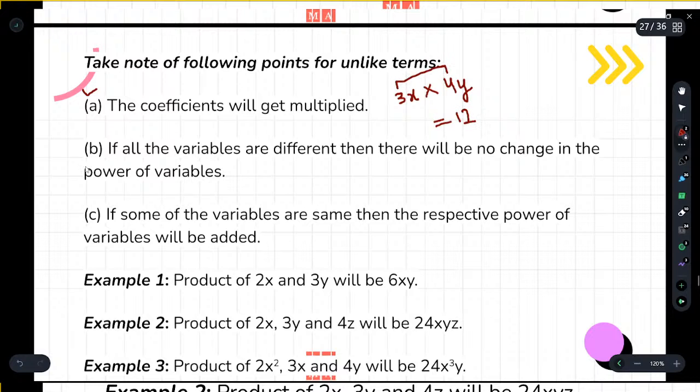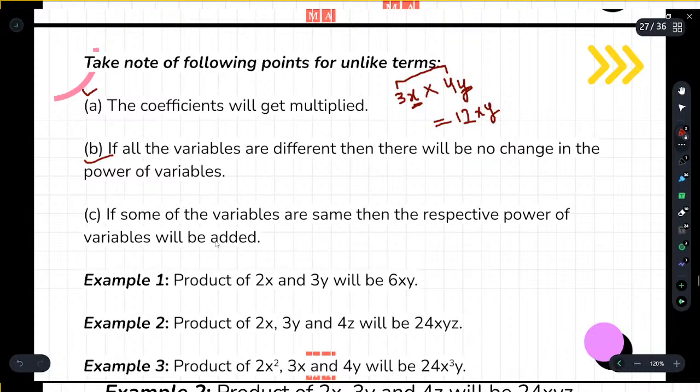Now my second step says that if all the variables are different, then there will be no change in the power of the variables. See, in this example, all the variables are different, right? x and y are different. So there will be no change in the power of the variables. I do not have to add the powers, right? So I can just write them as it is, x, y.